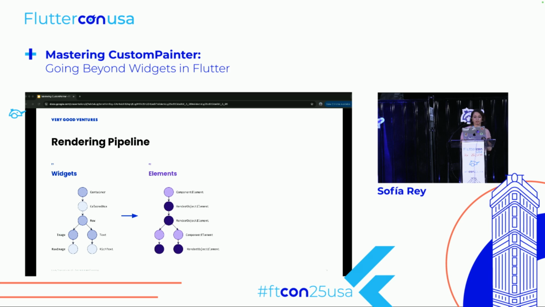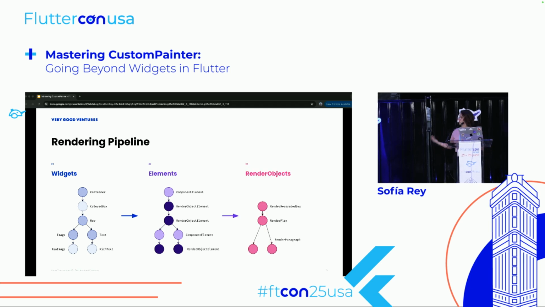And then for each widget, we have an element in the element tree. The element tree, on the other hand, is mutable, so it keeps the life cycle of the widget, and we can access it from our code by using the build method's BuildContext parameter. We have two different types of elements. The first one being the component element, which is host for other elements, and the second one being the render object element, which is the one that will actually render and will create a render object in the render tree.